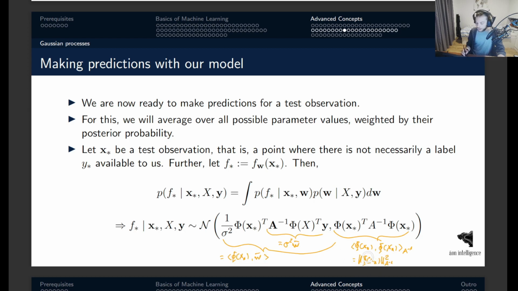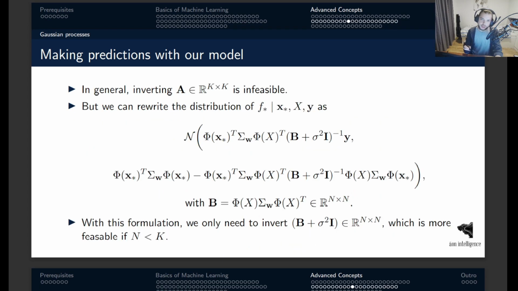So the larger the magnitude of this feature mapped observation, the larger the uncertainty around our expectation. This magnitude is parameterized by this inverse of the empirical covariance matrix, because in that empirical covariance matrix we have the information of how the features relate to one another empirically. I hope this now makes a little more sense at least.